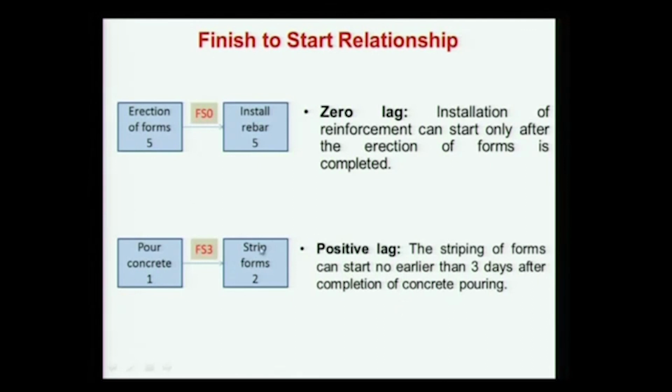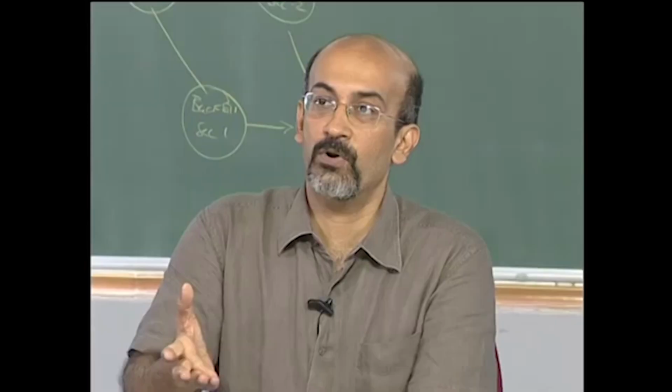Now, what the finish to start relationship with a lag replaces is another activity. Otherwise you would have to add an activity after pouring concrete to represent the 4 days of waiting, and with a lag it will not be represented.